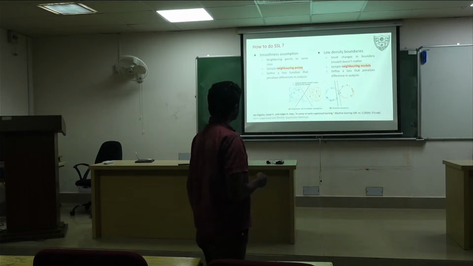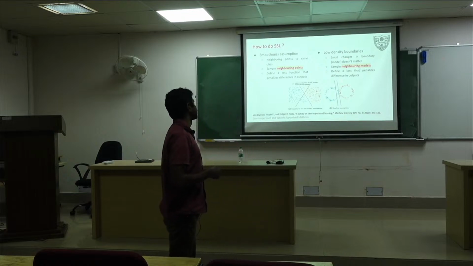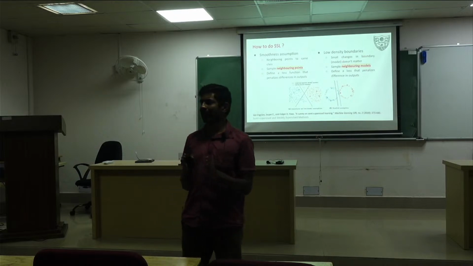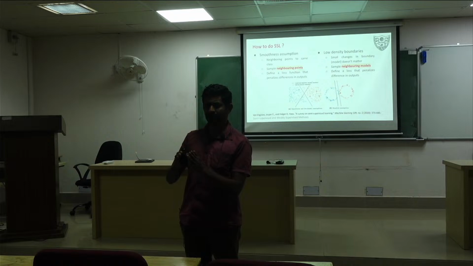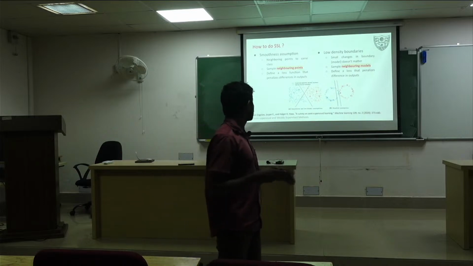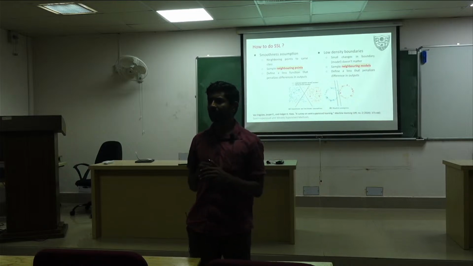Now, the low density boundaries, that's also a similar method. Small changes in the boundary should not matter. You have a boundary, and even if you change the boundary a little bit, it should give you the same classification result. How do we ensure that? You have the model, you look at the neighboring models. What is a neighboring model?